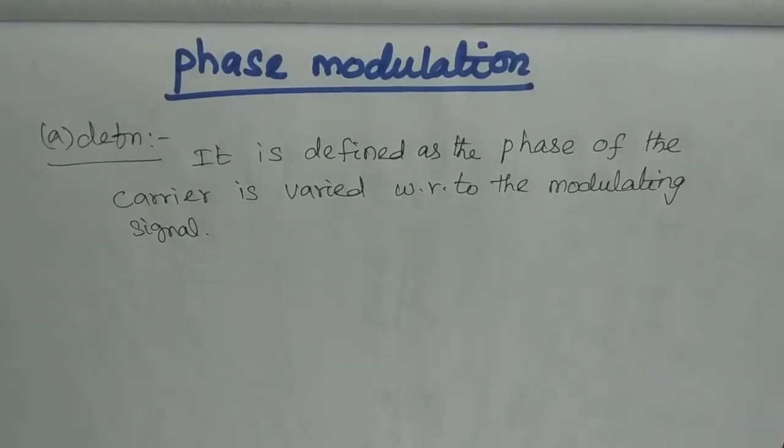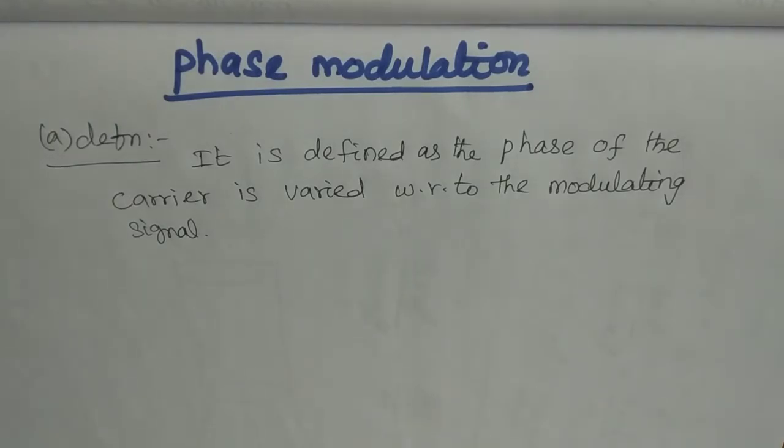So this is the definition for phase modulation. What is phase modulation? If the phase of the carrier signal is varied in accordance with the instantaneous amplitude of the modulating signal, then it is called phase modulation.